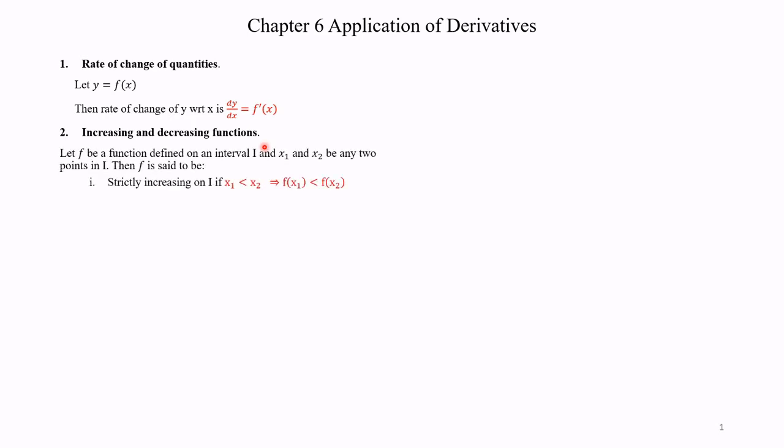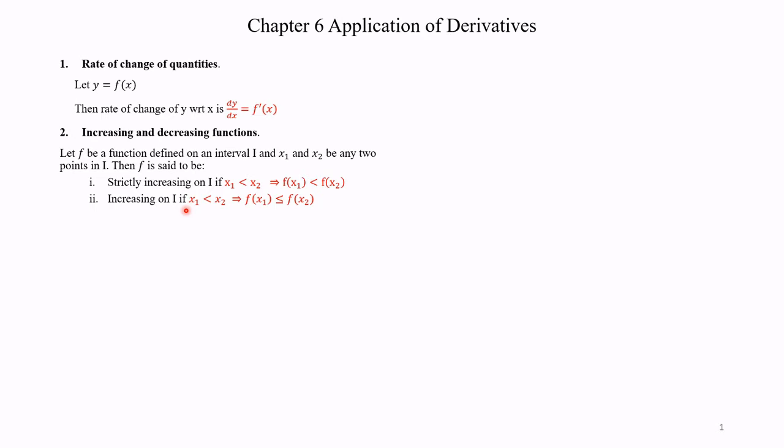Let f be a function defined on an interval I, and x1 and x2 be any 2 points in the interval I. Then f is said to be strictly increasing on I if x1 is less than x2 implies f of x1 is less than f of x2.